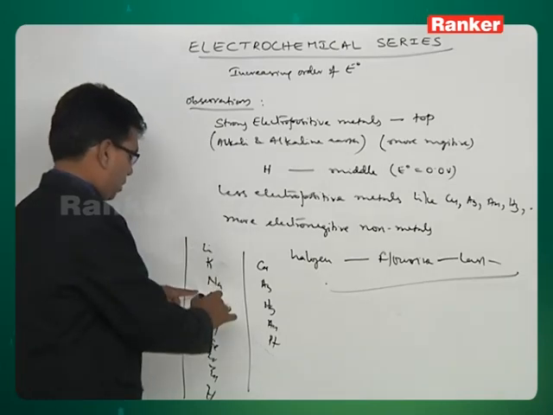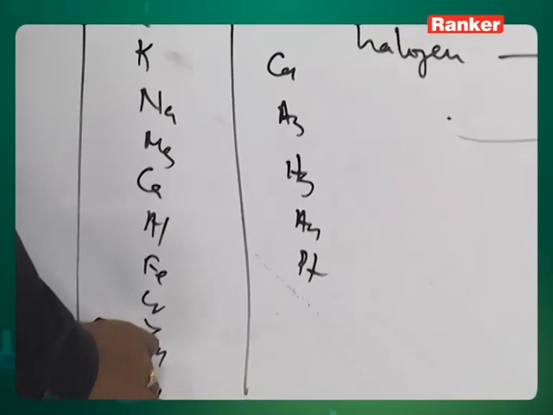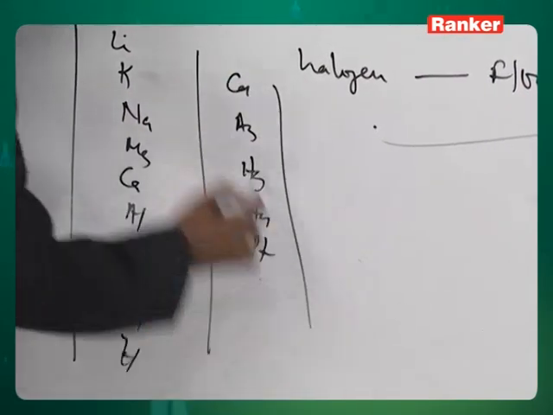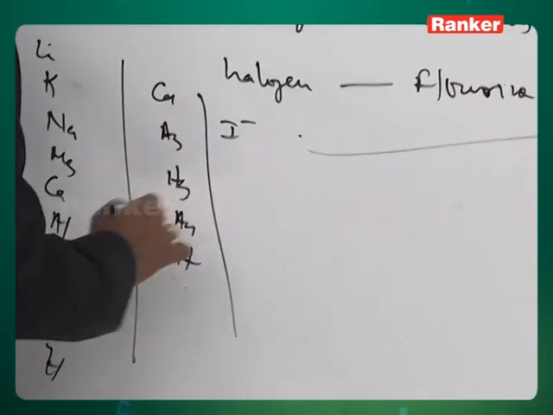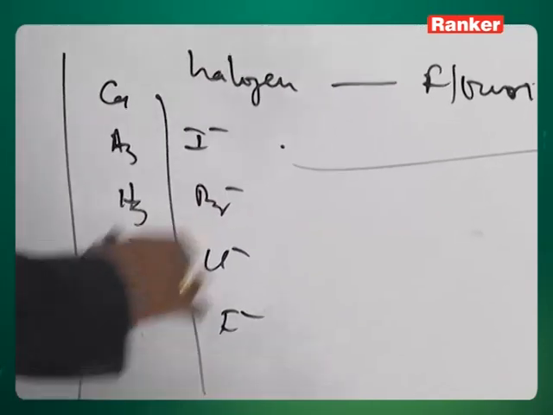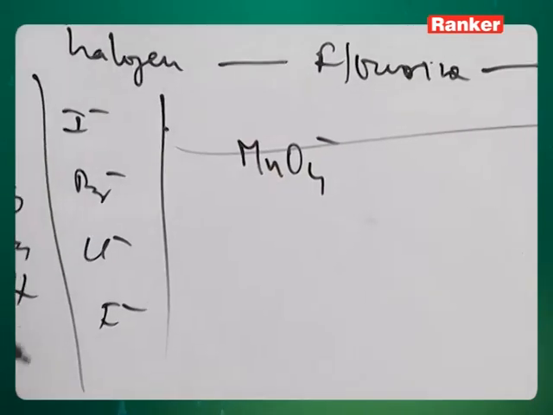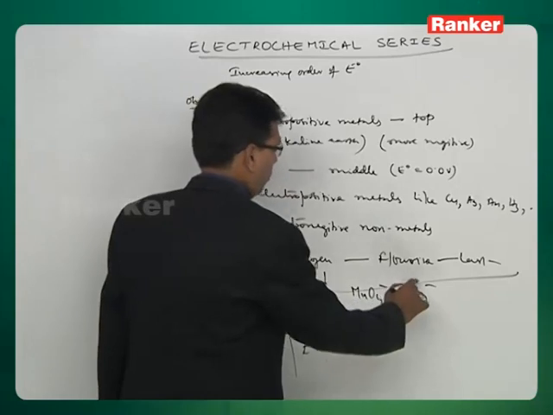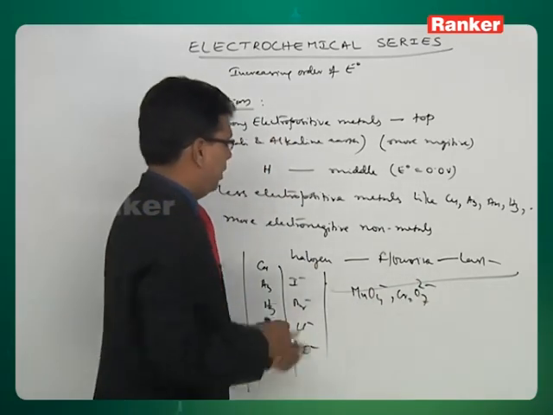Highly electropositive, then relatively less, moderate, low electropositive, then finally electronegative iodide, bromide, chloride, fluoride, and in between we also have oxidizing agents like permanganate and dichromate.